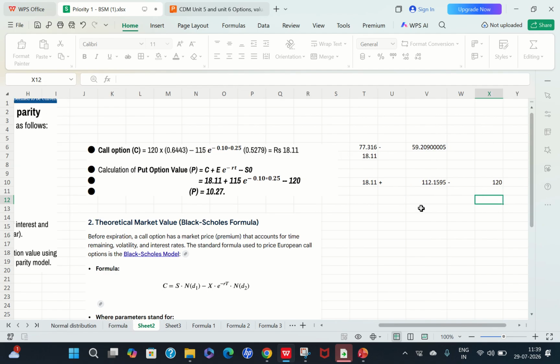Adding these two, 18.11 plus this, minus 120.